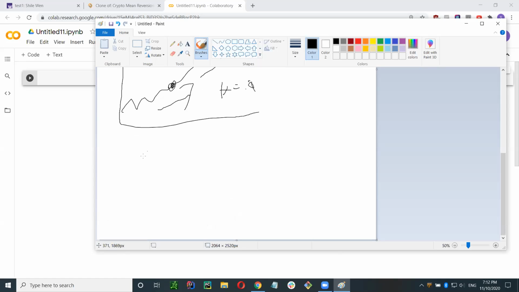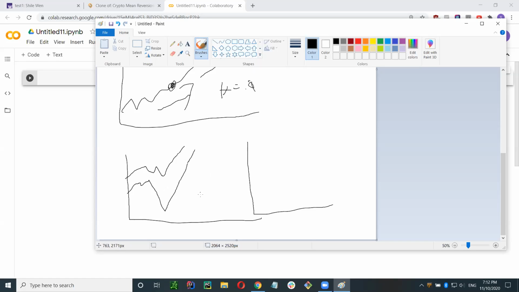However, we can actually artificially introduce mean reversion by pairs trading. Pairs trading is going long on one stock and short on another. So say we have this. Okay, now let's just plot the difference.